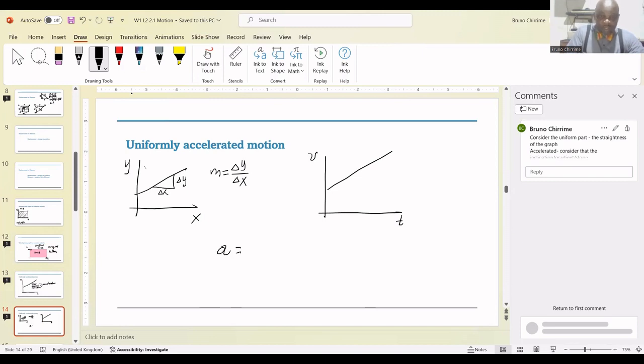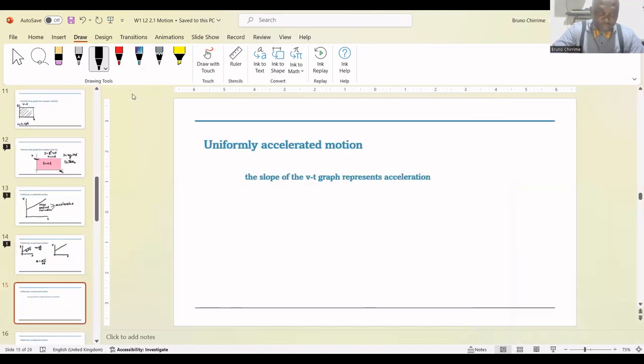But it doesn't stop there. Acceleration being change in velocity over change in time, we have a definition. The slope of the vt graph represents acceleration. It's true graphically, but the definition, acceleration, is the rate of change of velocity. The rate of change of velocity. So it means how much you change your velocity.